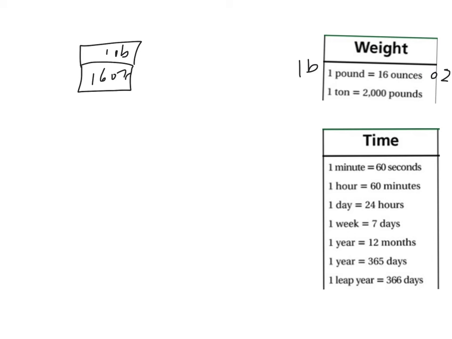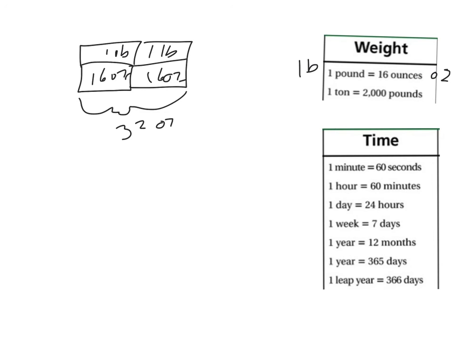So then if you were to add a second pound, you'd add another set of 16 ounces, which right here is 32 ounces. To go from pounds, which is a larger sized unit, to ounces, you need more ounces.